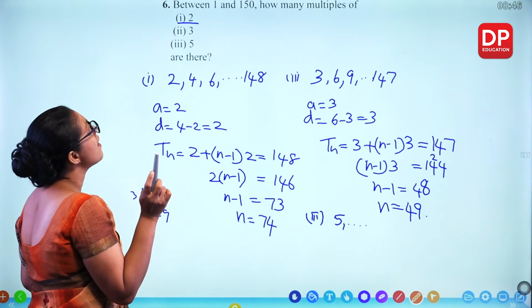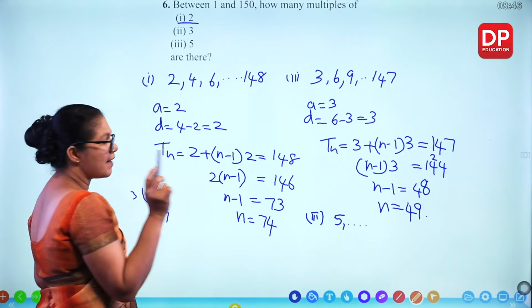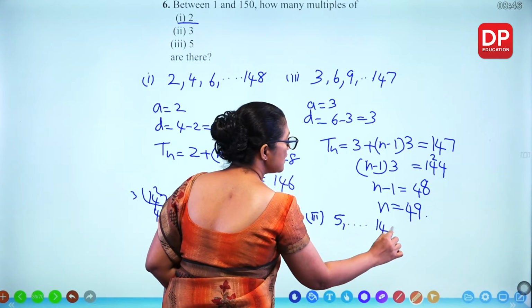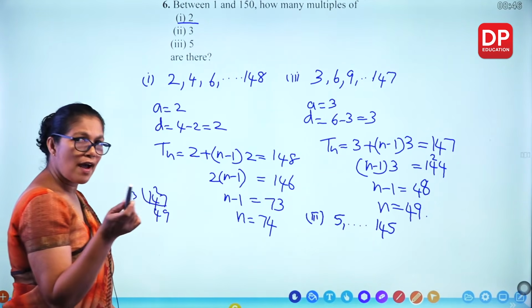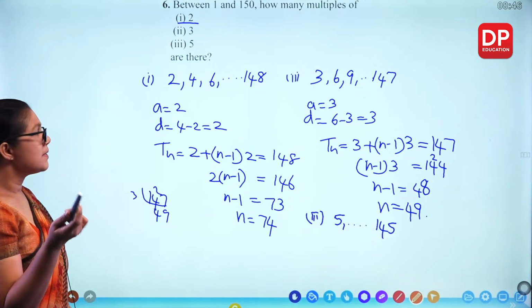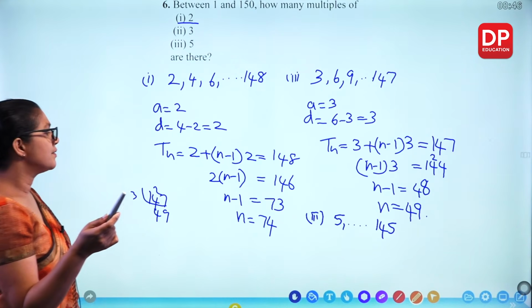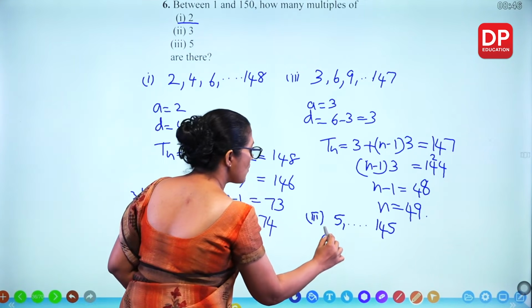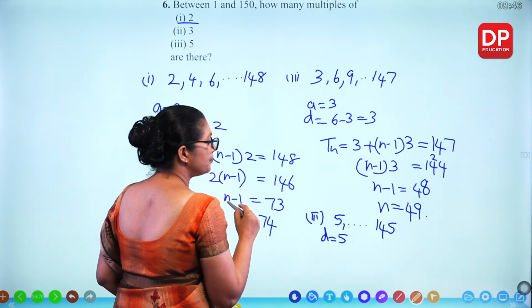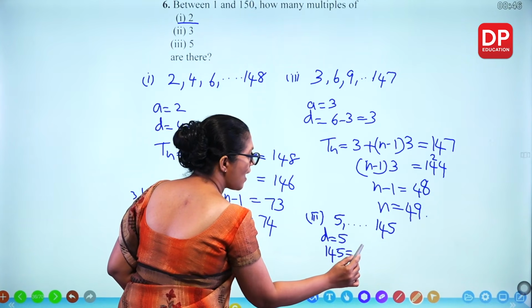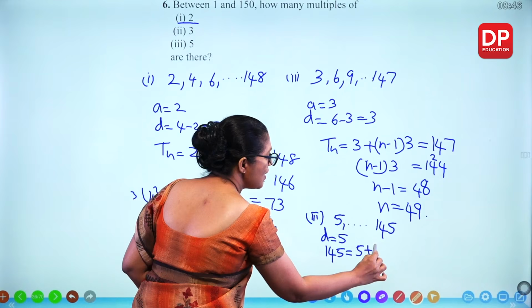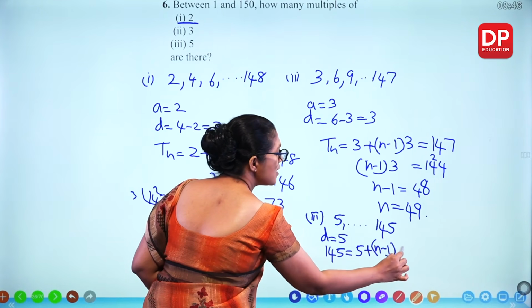Last number is 145. And what's the difference? Difference is 5. Multiples of 5 means difference is 5. Multiples of 3 means difference is 3. So D equals 5. And we need to find out which term is 145.